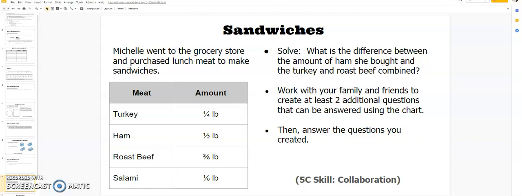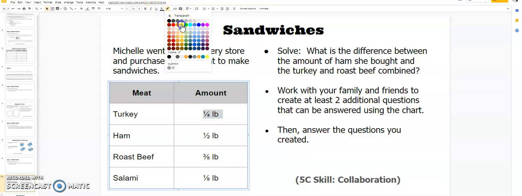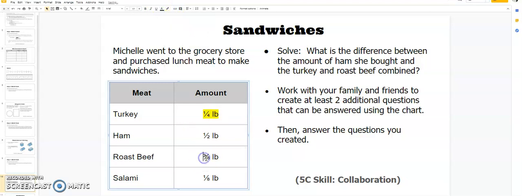So what we need to look at is we have a bunch of fractions here with different denominators, and it is asking us to combine the turkey and the roast beef. So I'm going to highlight these because these I am going to need to add. That's right, if I'm combining the turkey and the roast beef, I'm adding them.